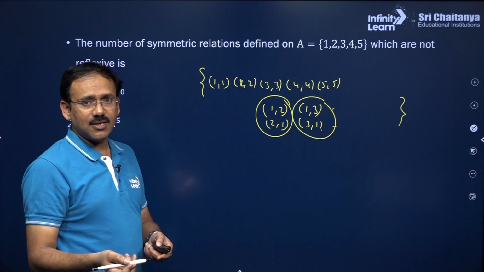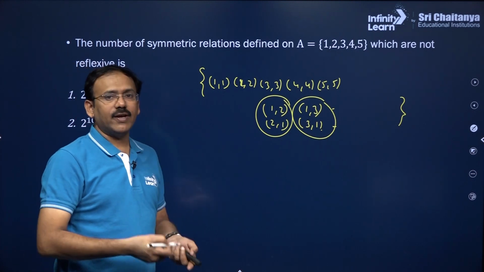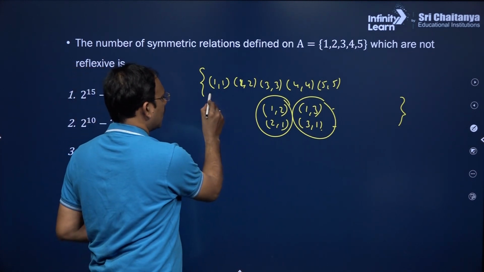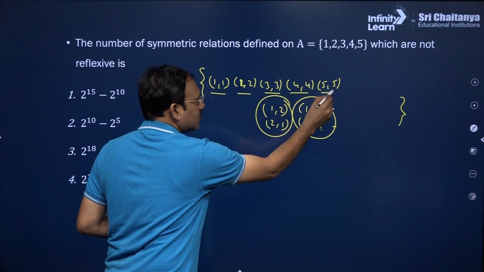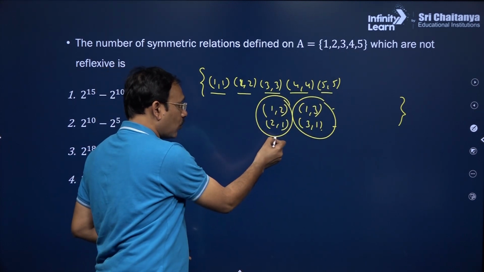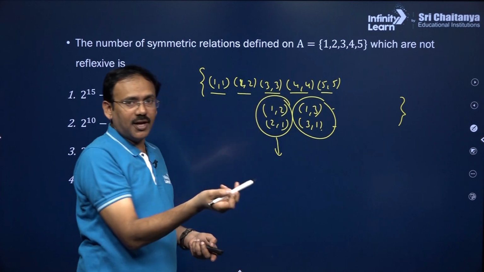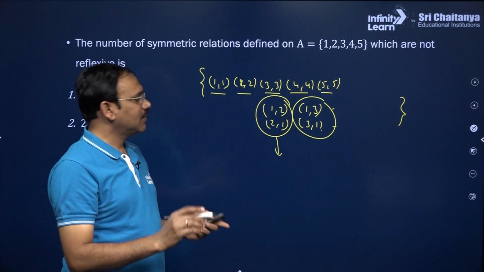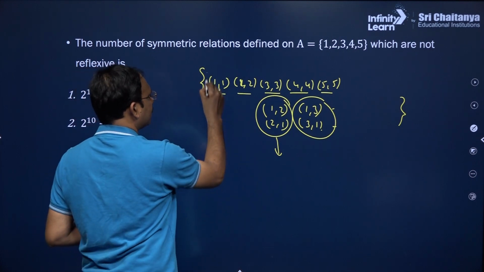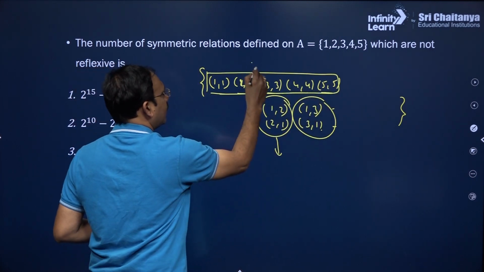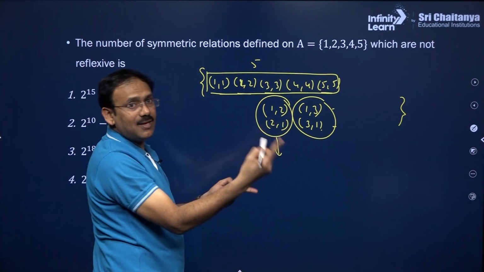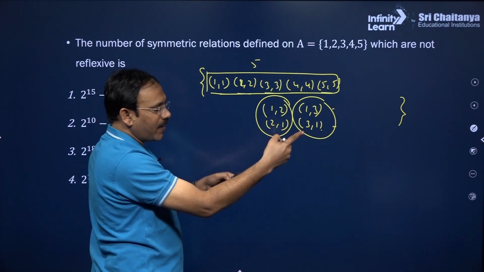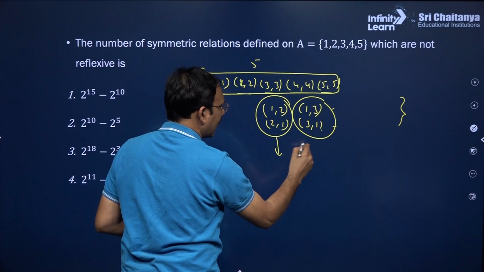Symmetric relation means whenever xy is there, yx should also be there. That means you can take any of these, and if you want to take one, you have to take these two together, 1 2 and 2 1 together, or leave them together. So out of 25, this kind will be 5 and the remaining 20 will be paired up, so these pairs will be 10.